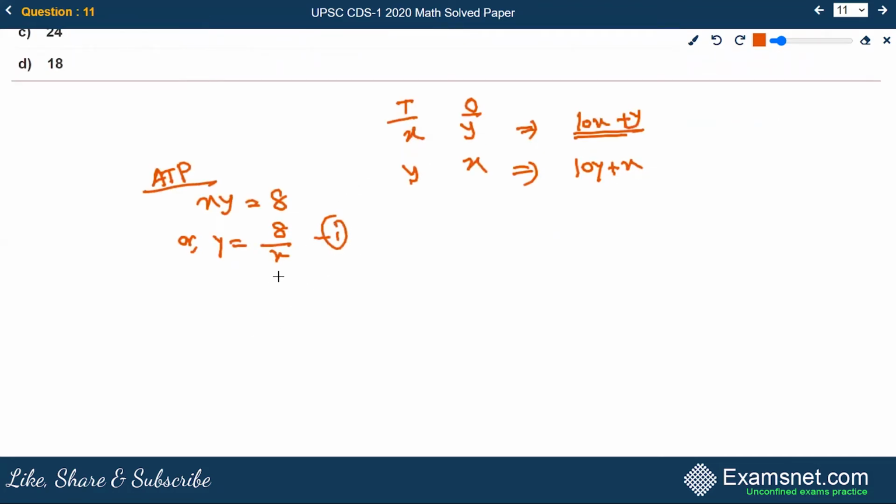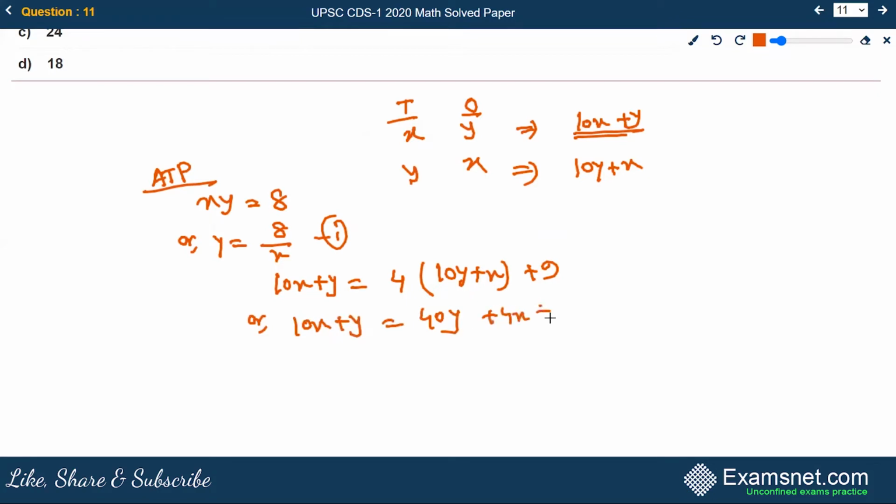Another relation we get from here: 10x + y equals 4 times the number with interchanged digits plus 9. Let's simplify this. We get 40y + 4x + 9, so 6x = 39y + 9. I can divide both sides by 3, so 2x = 13y + 3.